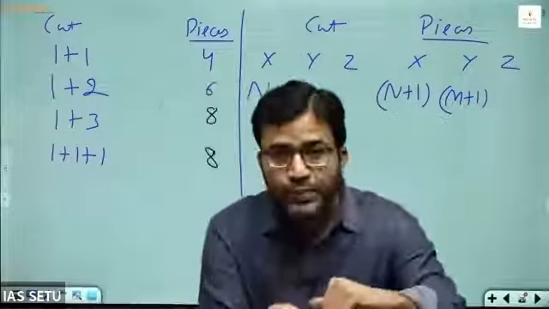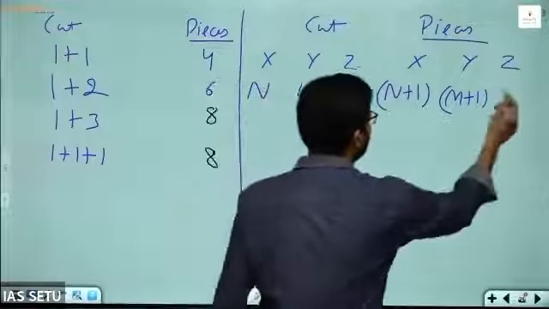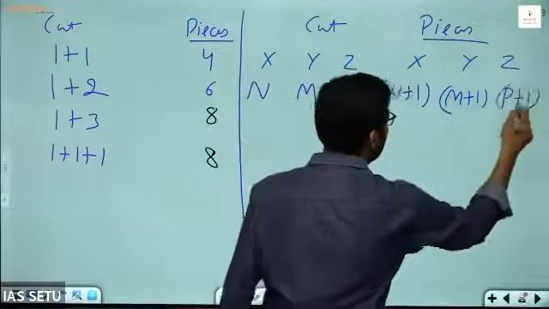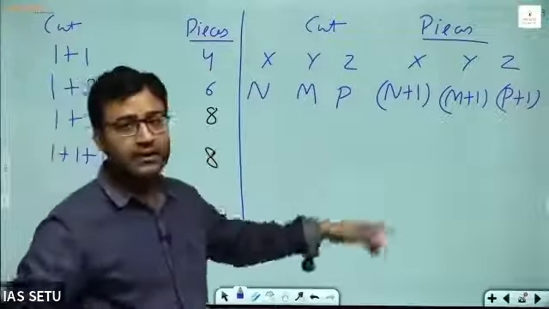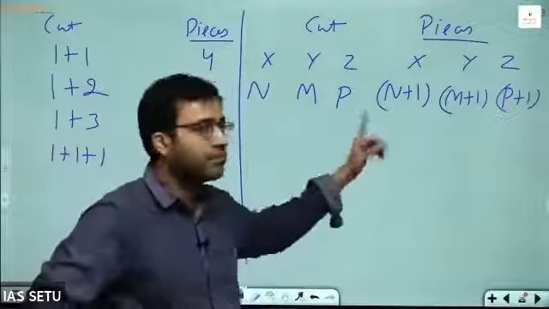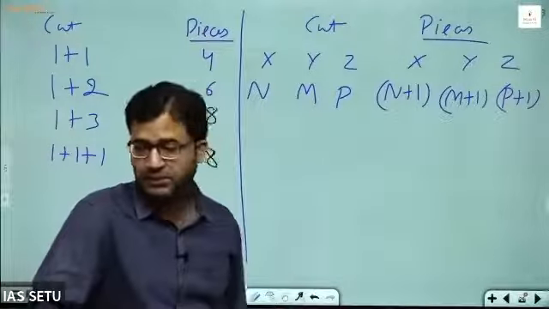If you put p cuts along the Z axis, that will give you p plus 1 pieces along the Z axis. N cuts, n plus 1 pieces, m cuts, m plus 1 pieces, p cuts, p plus 1 pieces.